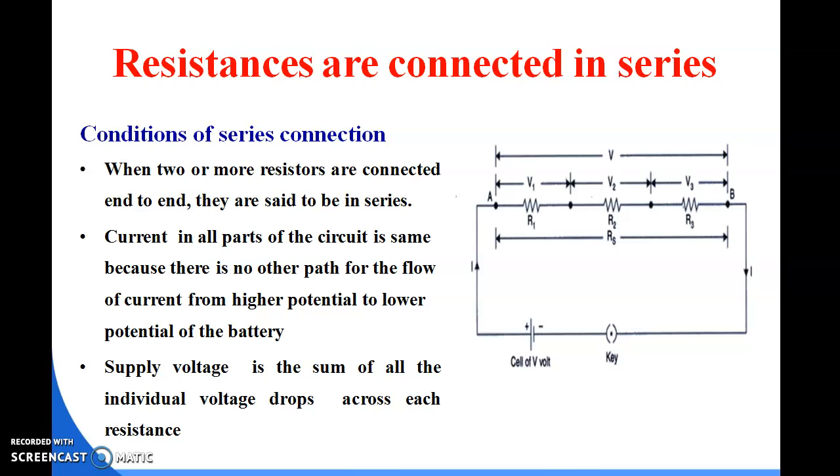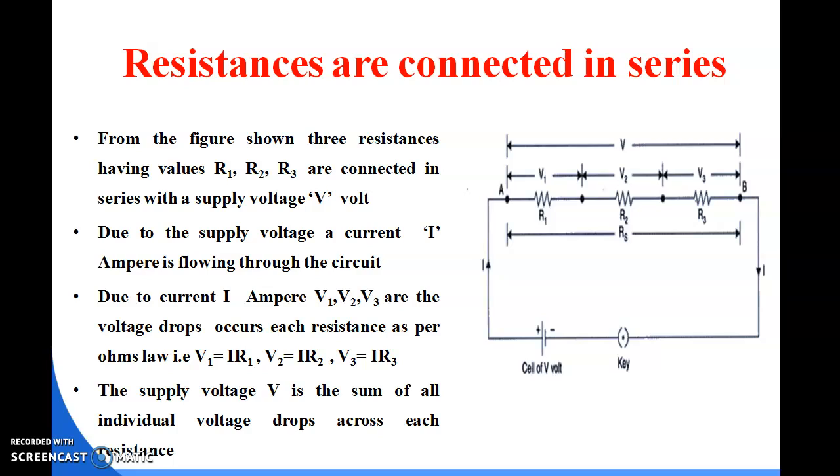The supply voltage is the sum of all individual voltage drops across each resistance. That's why different voltage exists across each component. Then we get the supply voltage by adding all the individual voltage drops across each resistance.